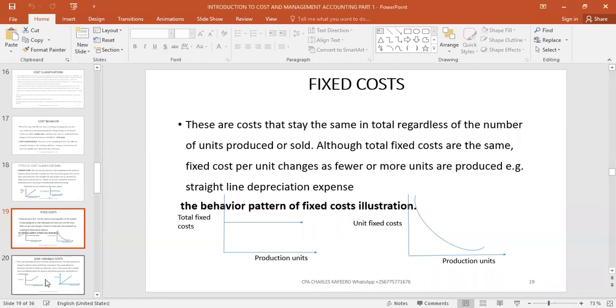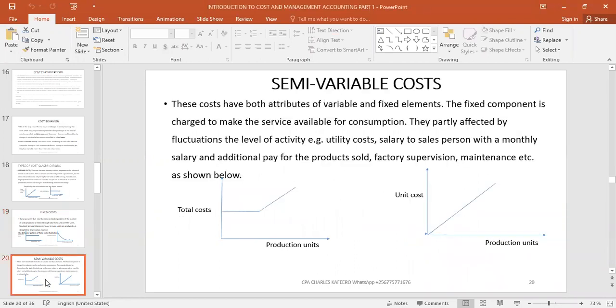And that is the semi-variable. Now the mixed costs, we are dividing them into the semi-variable and the semi-fixed, and here we are talking about the semi-variable. These are costs that have both attributes of variable and fixed elements.